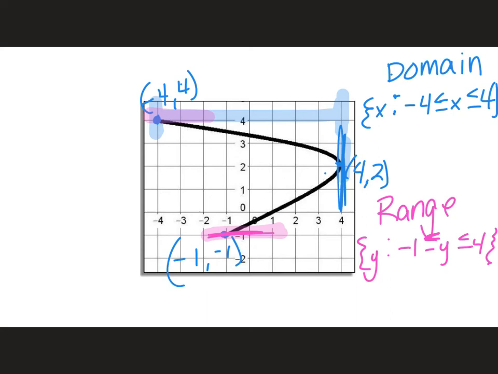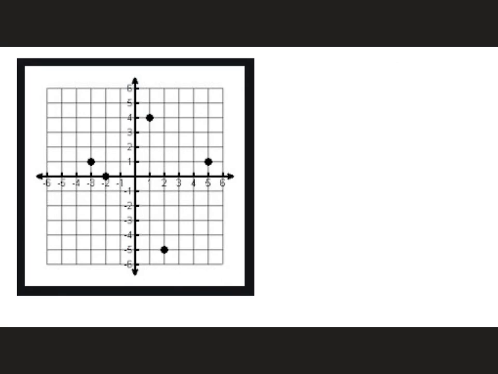All right, I think I have one more to show you. So this one is discrete. We're going to write some ordered pairs. Down here, this would be 2, -5. This would be 5, 1. Here, this would be 1, 4. -2, 0. And then -3, 1.